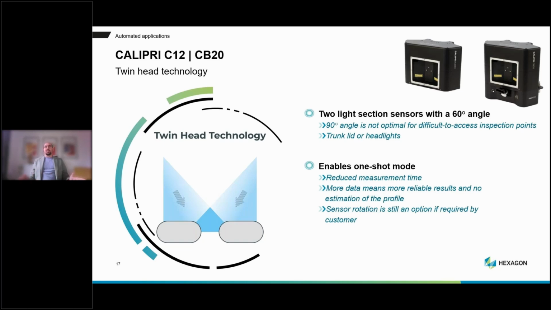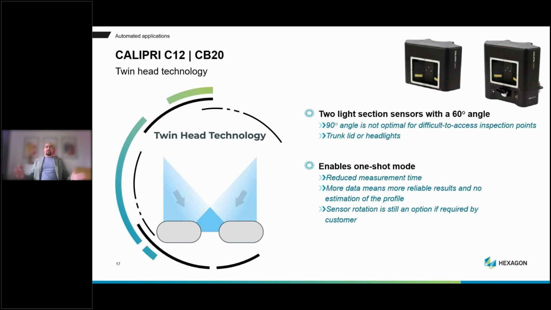This means especially on trunklids or headlights, where we spoke about that earlier, where we have the T gaps or overhanging H gaps, we can still rotate our sensors around to capture more of the radius that would be difficult to capture in a 90-degree angle. So our sensor is still rotatable, but it does not have to be rotated in all cases.